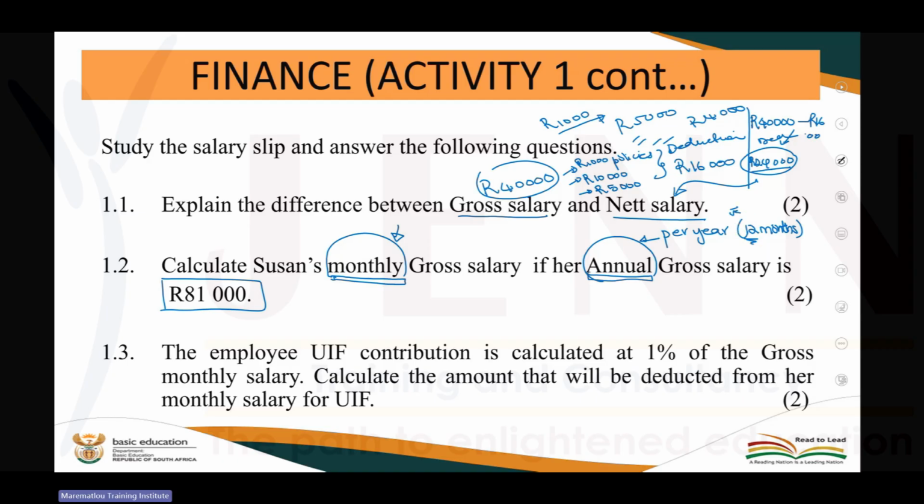In February, just like that. So you just need to divide 81 by 12 and get the answer. How much? 3,750. This is what Susan is getting per month.